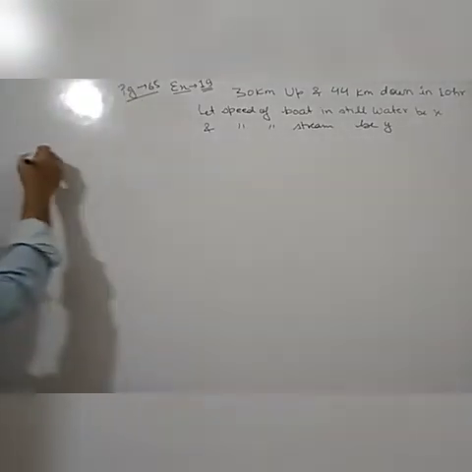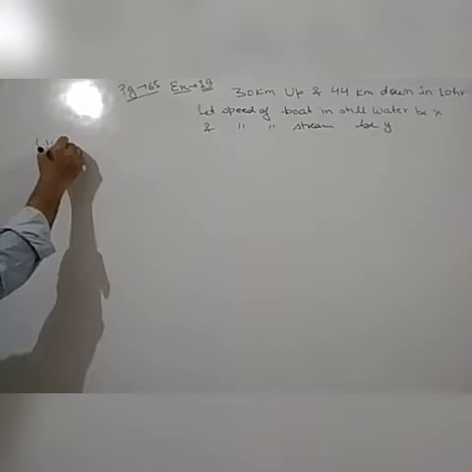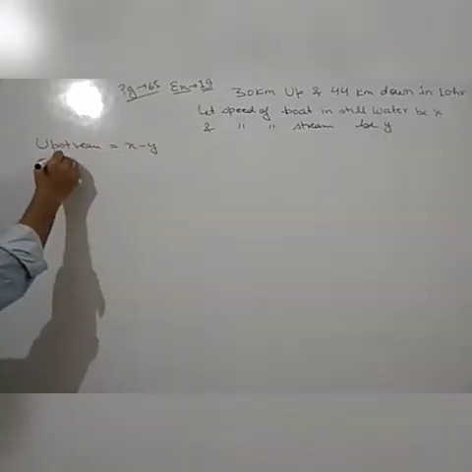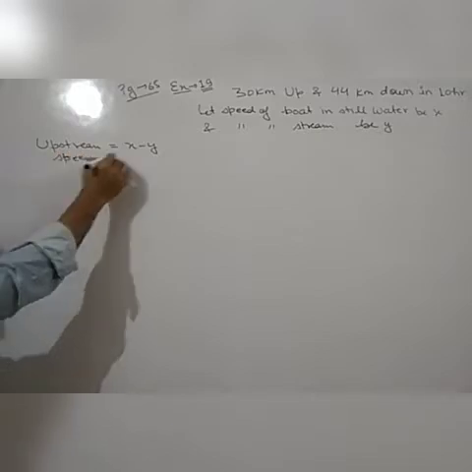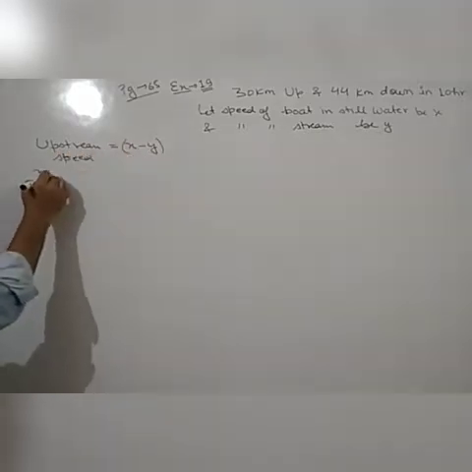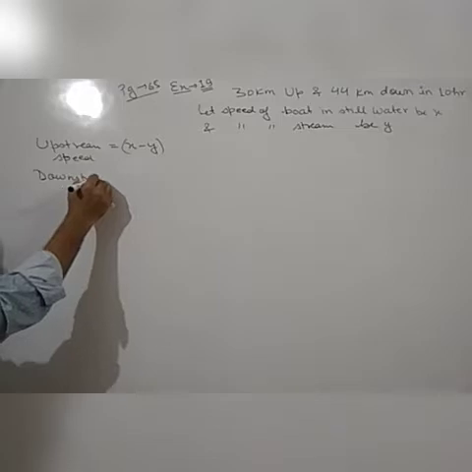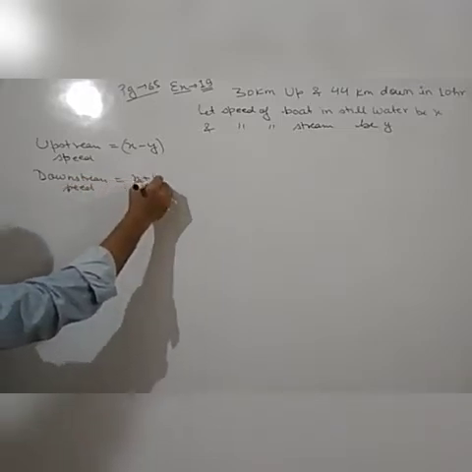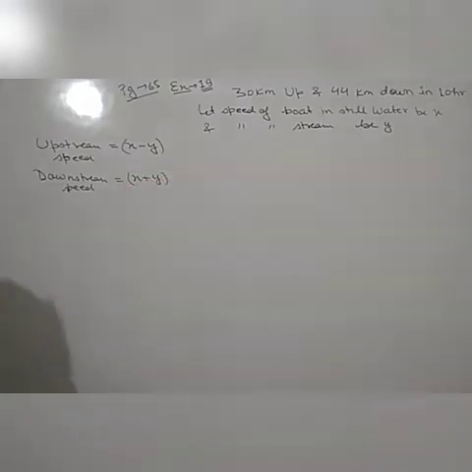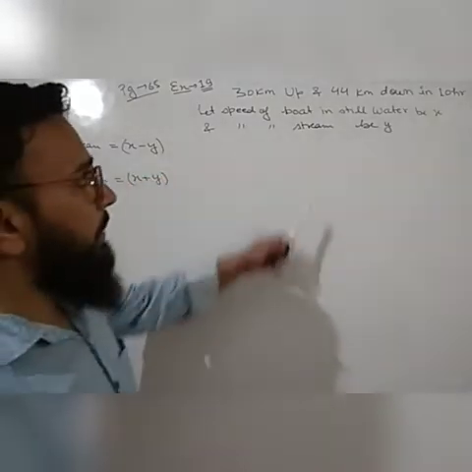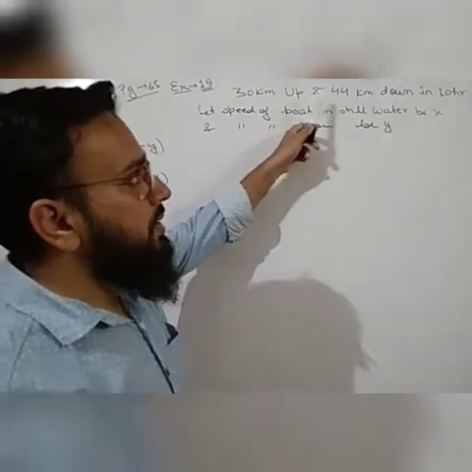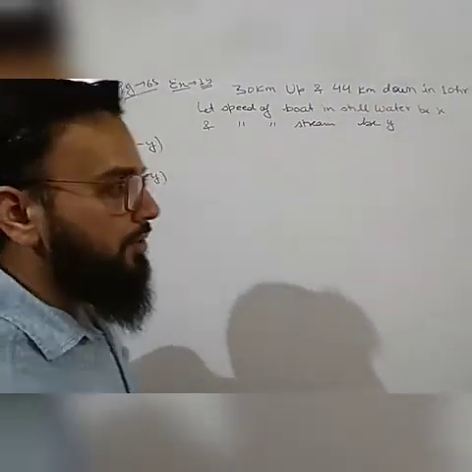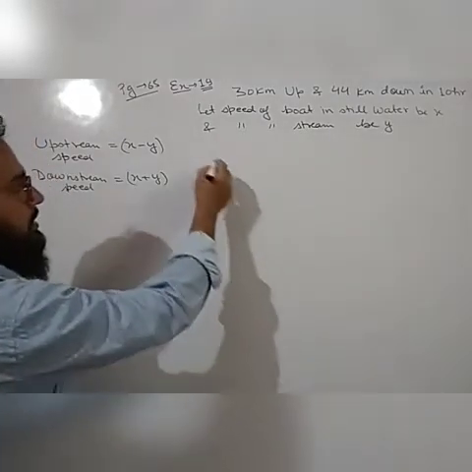We all know that the speed of upstream is given by x minus y, and the downstream speed is given by x plus y. Now, what is the condition? 30 kilometers upstream and 44 kilometers downstream in 10 hours. It is given. So we can write it as the first case.